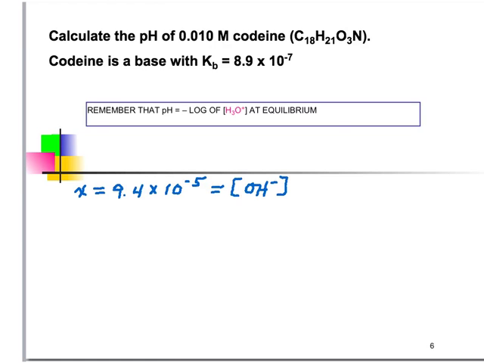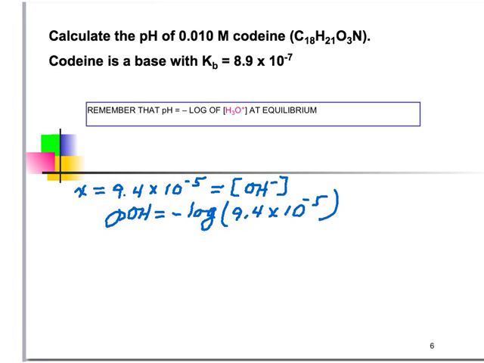We need to change OH minus into pH. That would be a two-step process. One way to do it is, instead of going from the OH minus to the H3O plus directly, we could do the pOH, and that is defined like pH. We would do the pOH as the negative log of 9.4 times 10 to the minus 5.